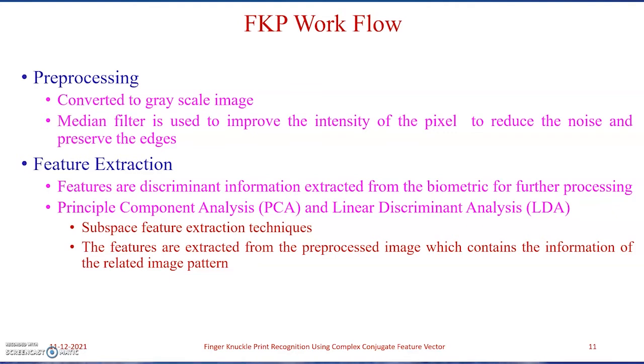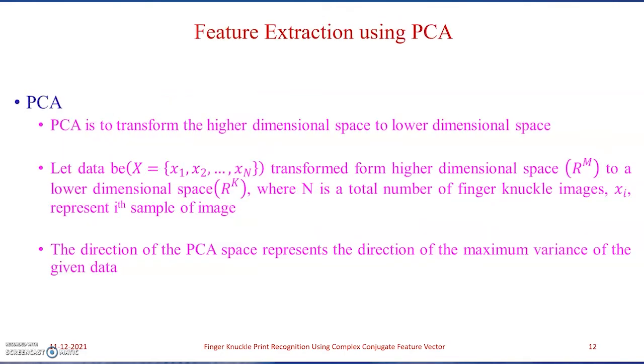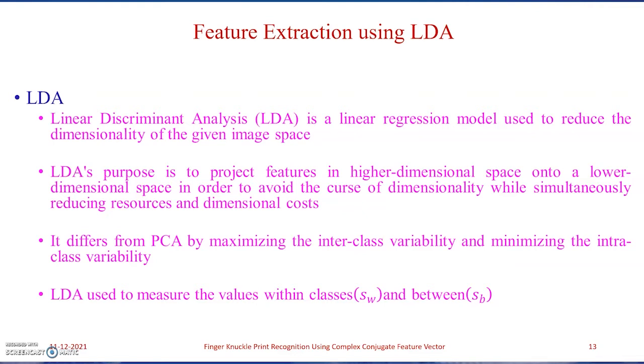Features are extracted using PCA-LDA. PCA is a transformation of high dimensional space to a lower dimensional one. The main aim of PCA is to find the direction of maximum variance of the given data. Linear discriminant analysis is a linear model used to reduce the dimensionality of the given image space.